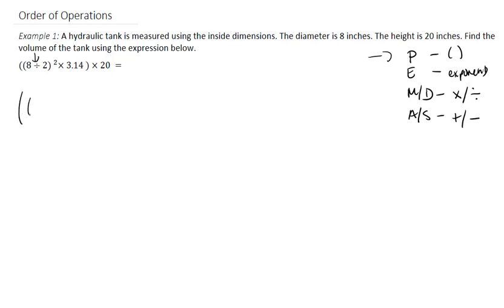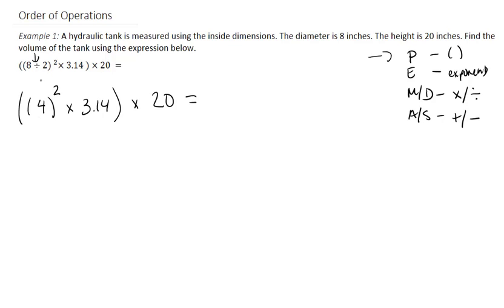We're going to leave everything else as is, but all we need to do is go 8 divided by 2, which is equal to 4. We keep the exponent, times 3.14 and that parentheses, and then times 20. So we are still on this first step, parentheses.